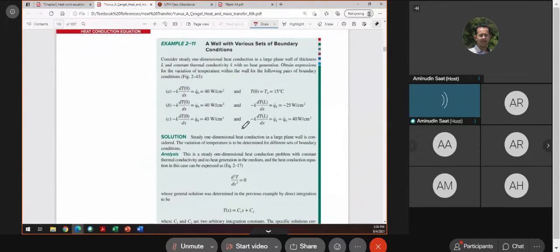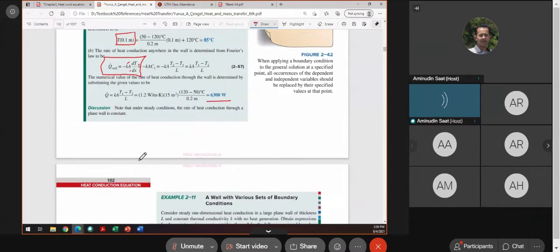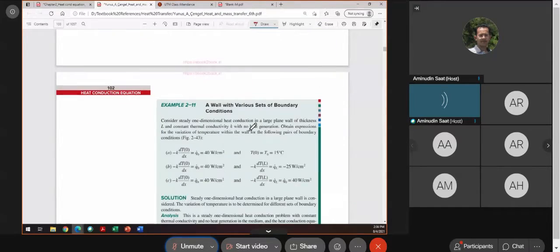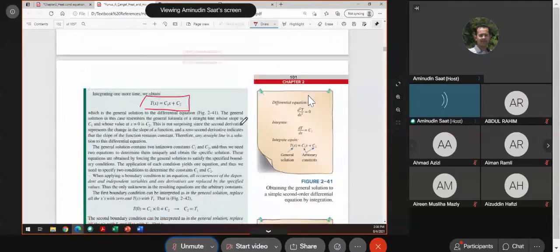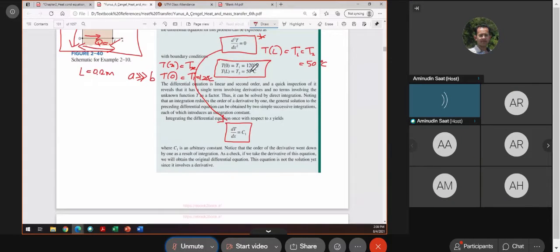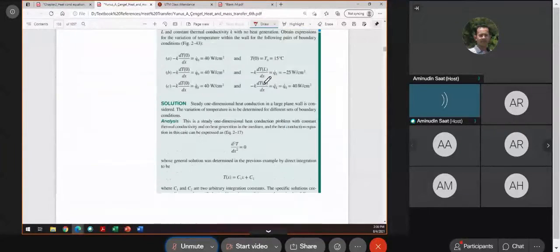If you look at the next example, any question before that? It's quite straightforward because this is the simplest boundary condition, a constant temperature.